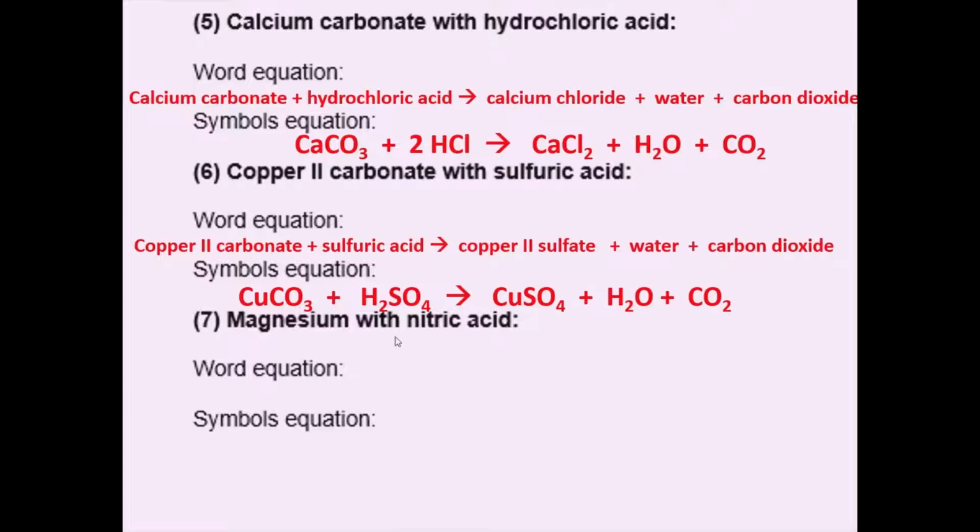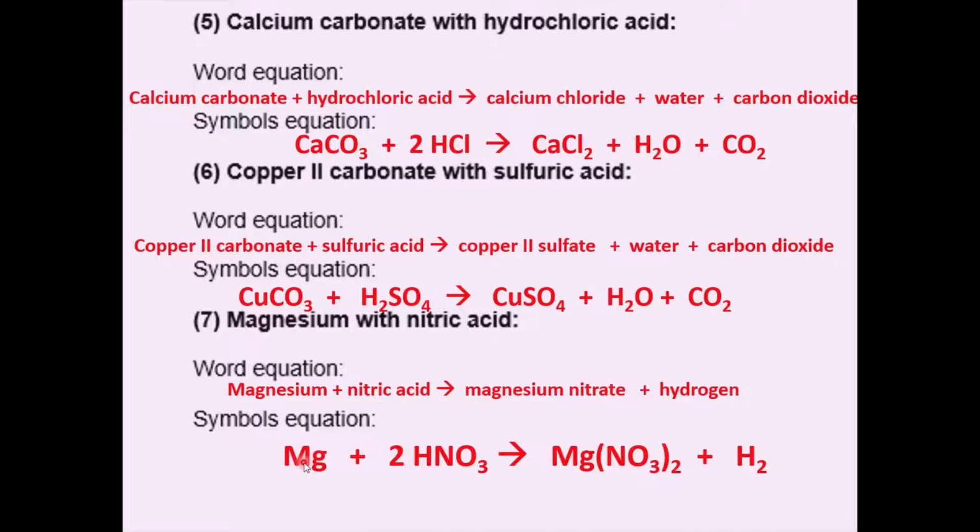And finally, magnesium and nitric acid, well, that's acid plus metal giving salt plus hydrogen. So magnesium and nitric acid give magnesium nitrate plus hydrogen. Formulas: Mg, nitric acid HNO3. Now, magnesium nitrate, Mg is 2+, nitrate NO3 1-.